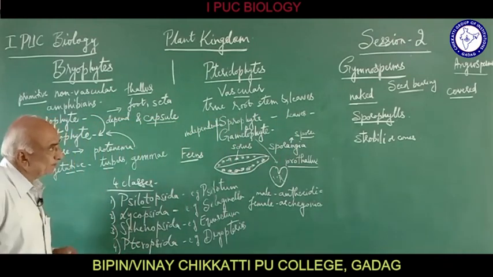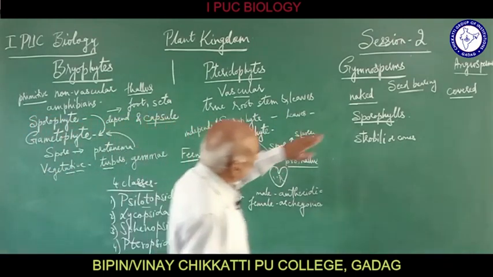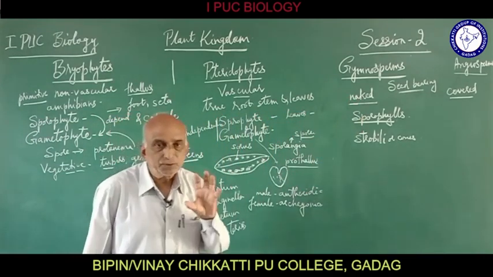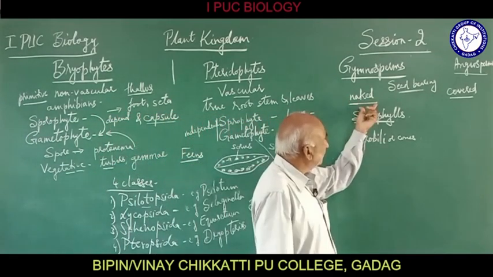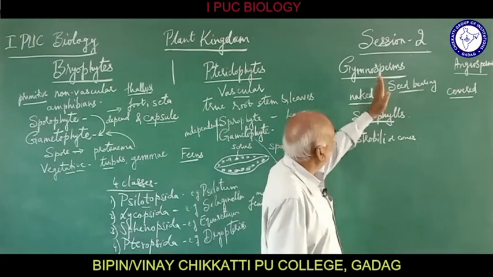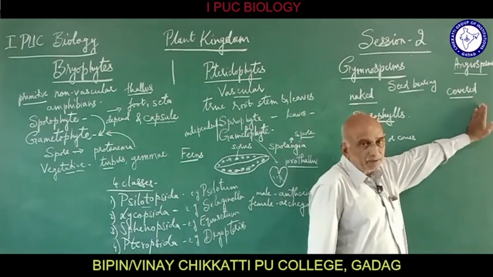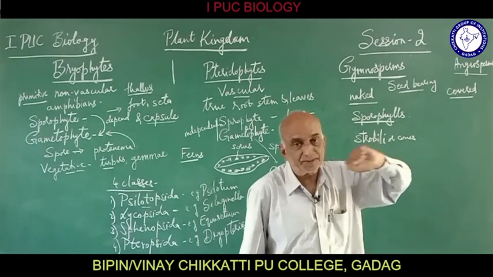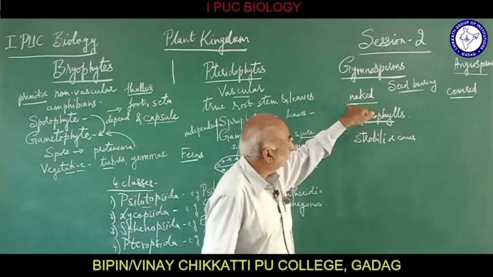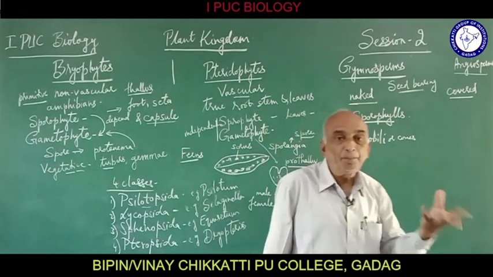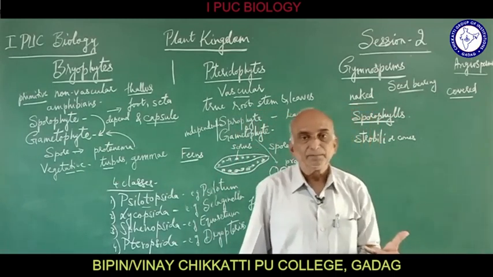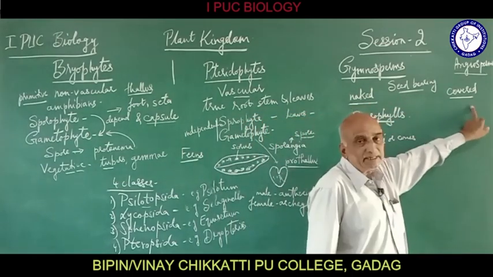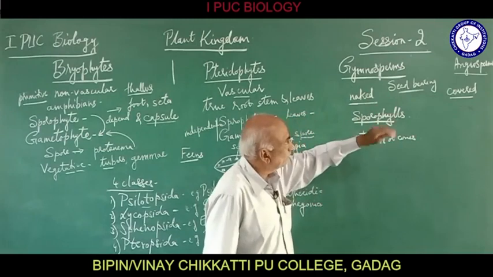Naked seeds mean the seeds are not present inside a fruit; the fruit is absent. As the fruit is present in angiosperms, the seeds are enclosed inside the fruit. As the fruit is absent in gymnosperms, the seeds are open, the seeds are naked. That is the difference between naked seeded plants and covered seeded plants.